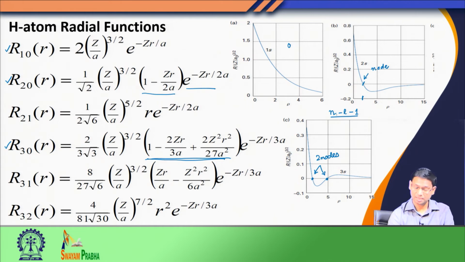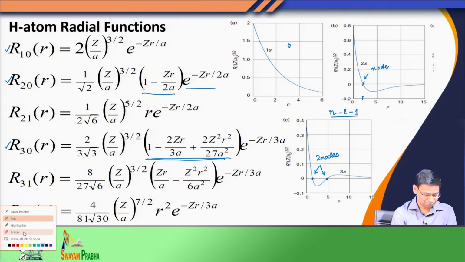In case of 1s, it is 1 minus 0 minus 1, which is 0; for 2s this value is 1, and for 3s it is 2. So, we see that the functional forms that we get have some physical justification, and using them we can derive the location of the radial nodes for different functions.